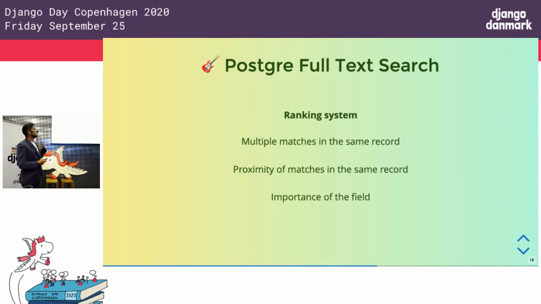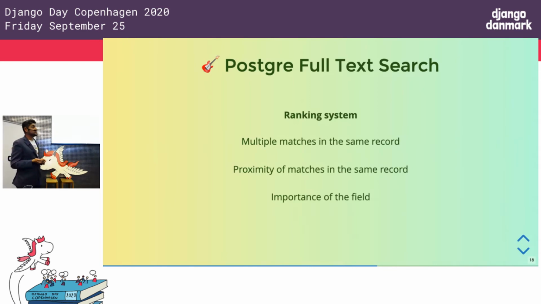On the other hand, you can get a lot of interesting things. For instance, you will have a better ranking if you have multiple matches in the same record. So if you have a long article that is talking about Django and you search for the word Django, Postgres is going to be able to tell you that it found the word that you were looking for more times in this record than in another record, giving a different rank.